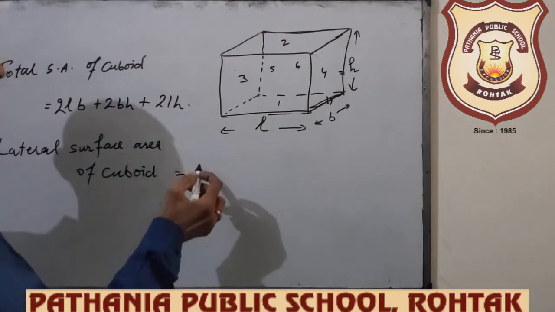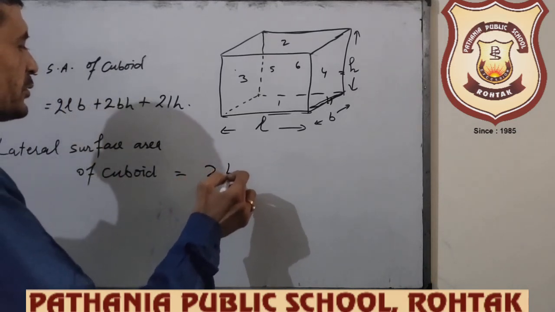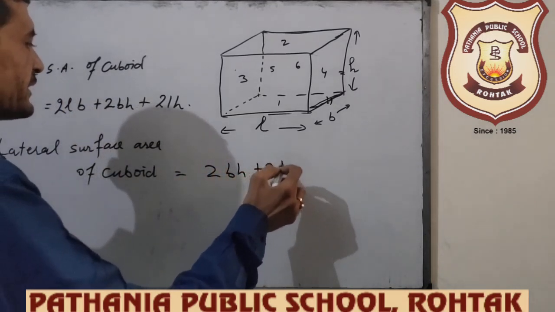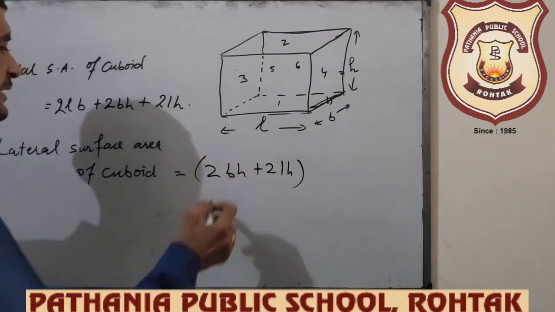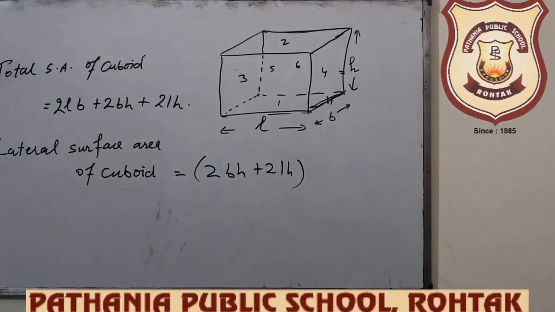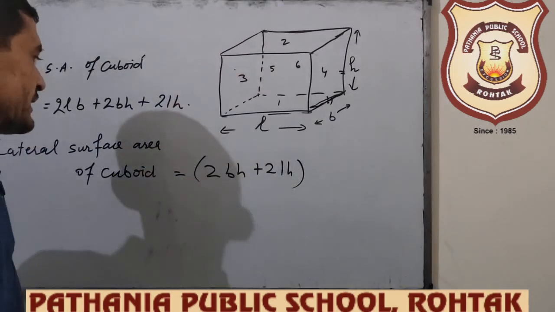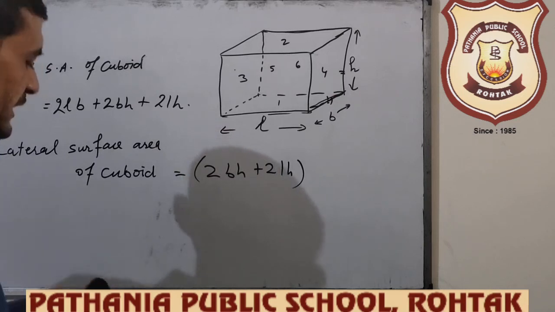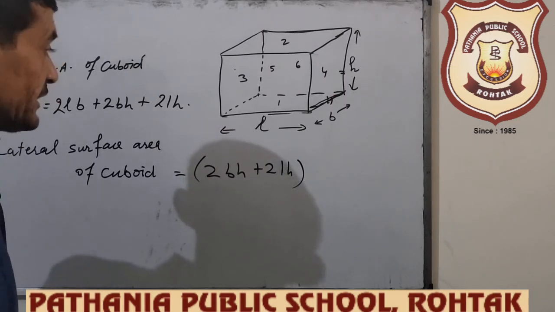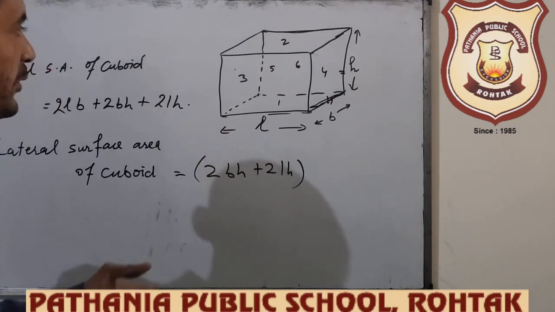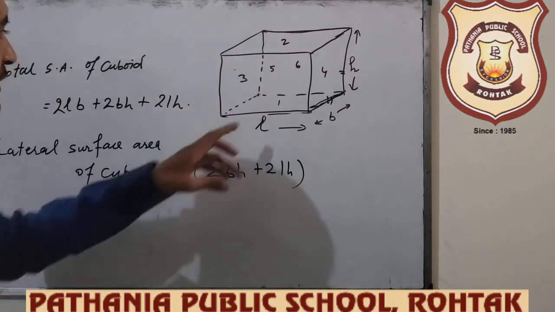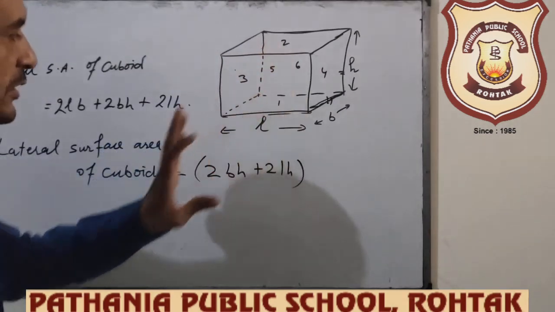That is 2BH plus 2LH. This is the lateral surface area of anything, whatever the figure is given. If you want to calculate the lateral surface area, then calculate the area of all the faces other than top and bottom.